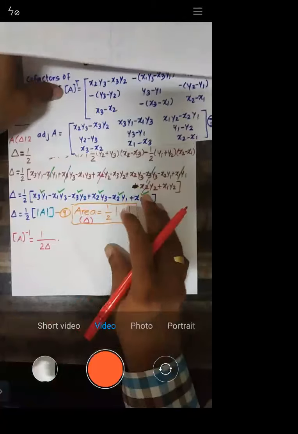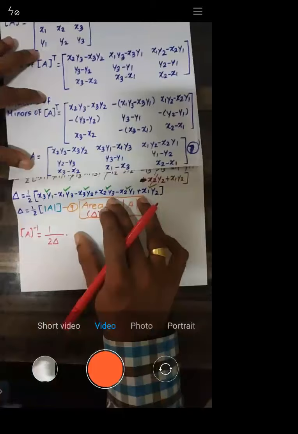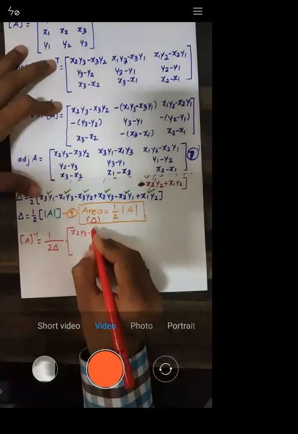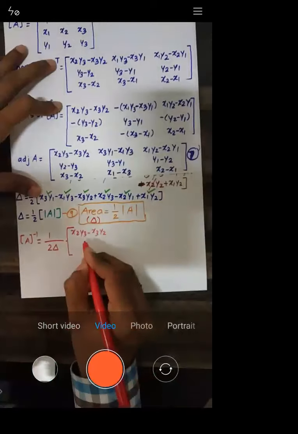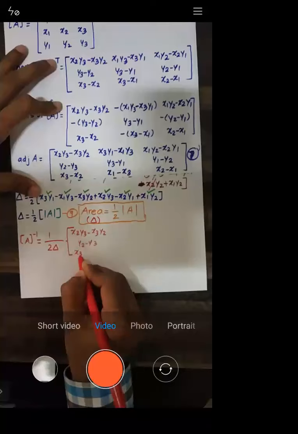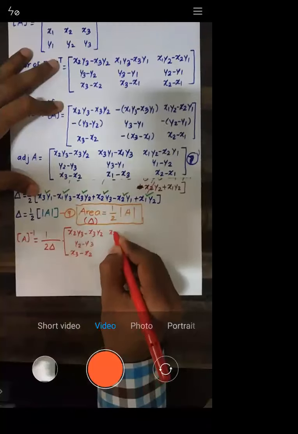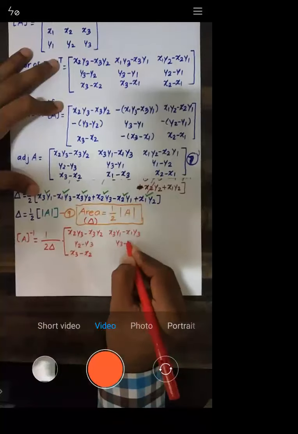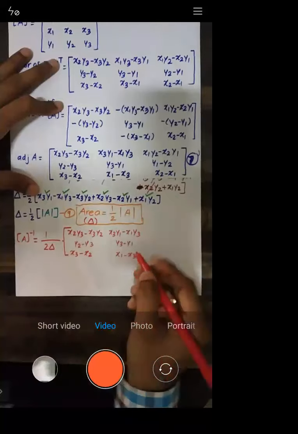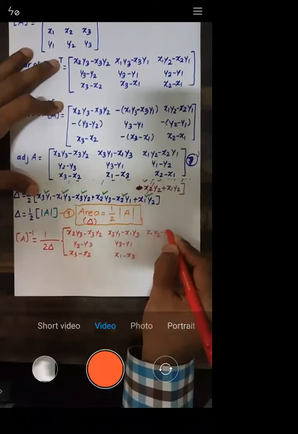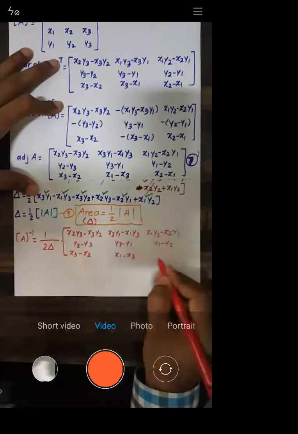That is x2 y3 minus x3 y2, y2 minus y3, x3 minus x2, then x3 y1 minus x1 y3, y3 minus y1, x1 minus x3, x1 y2 minus x2 y1, y1 minus y2, x2 minus x1.